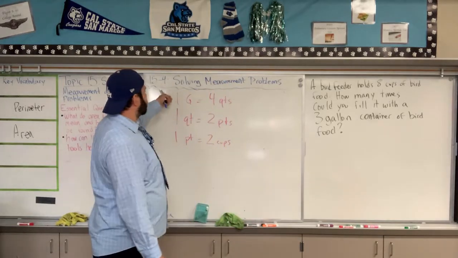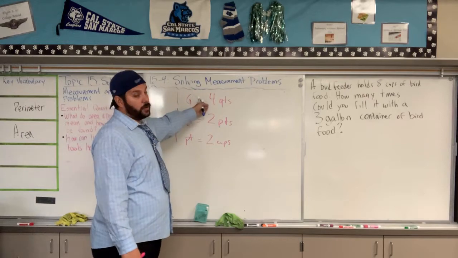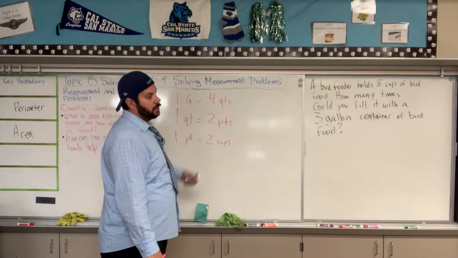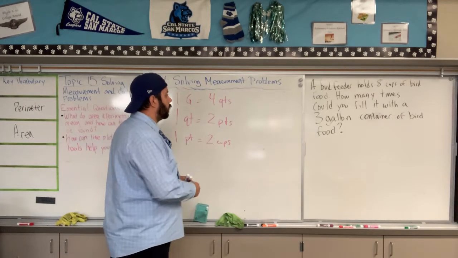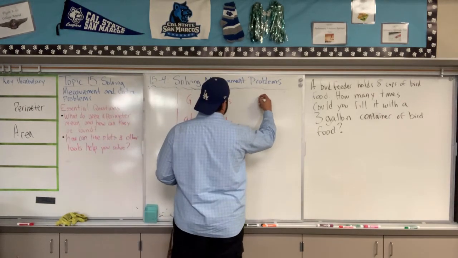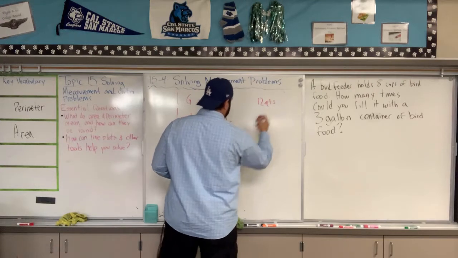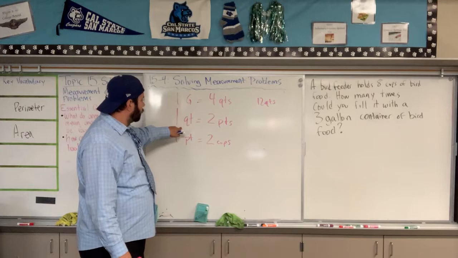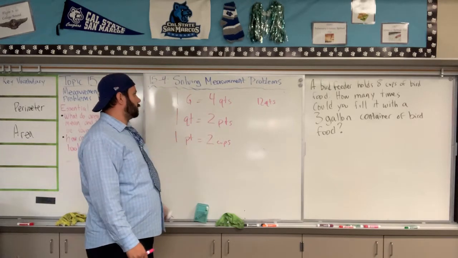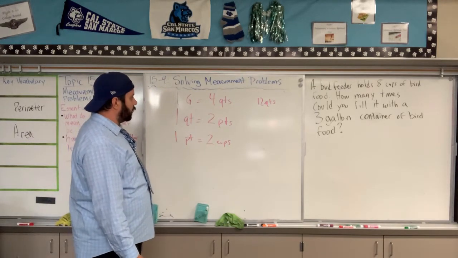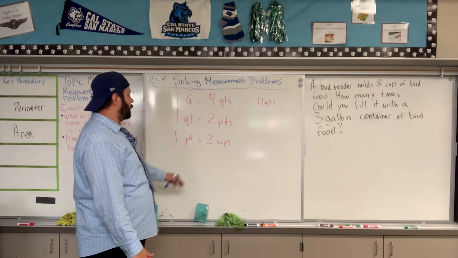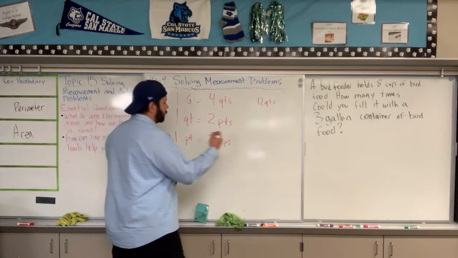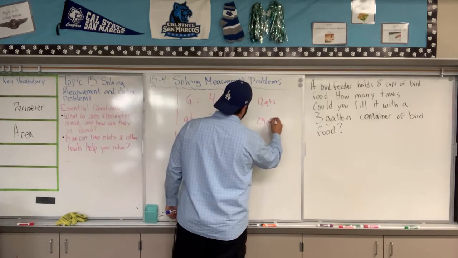All right, so if 1 gallon is 4 quarts, that means 3 gallons is 12 quarts. And if 1 quart is 2 pints, that means 12 quarts is 24 pints.